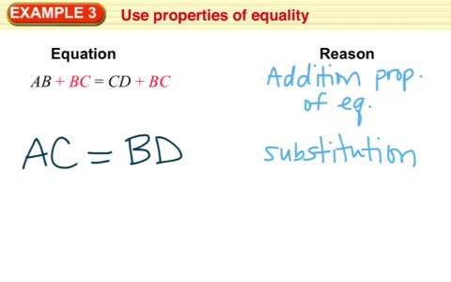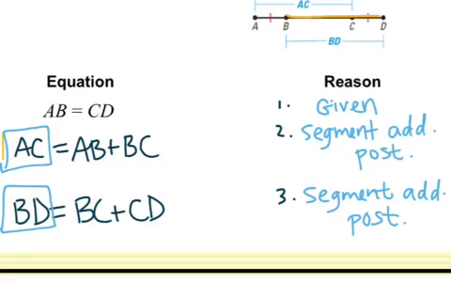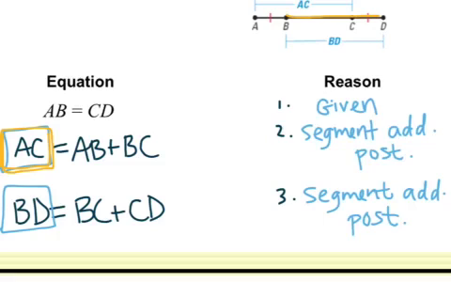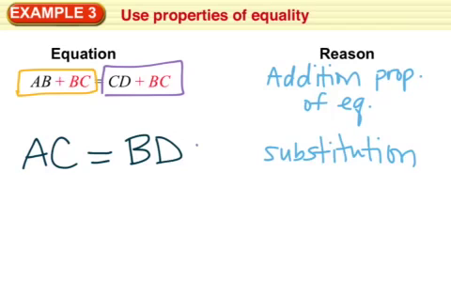So what did I replace there? Well, look at what I have written. AB plus BC. That was simply AC. CD plus BC was simply BD. So now that we've linked those two things and substituted them, we can say that they're equal, which was what we were trying to show.